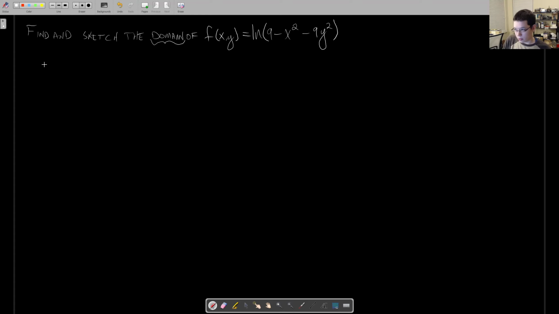So in math we have two terms. In math you have two terms. One is domain, one is range. So the domain is the valid inputs to the function.